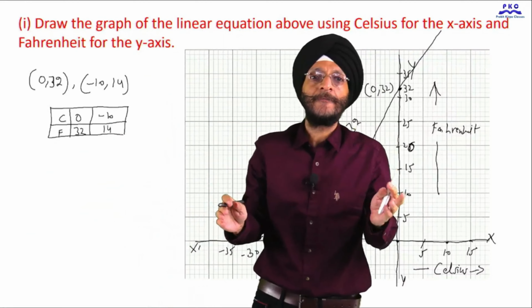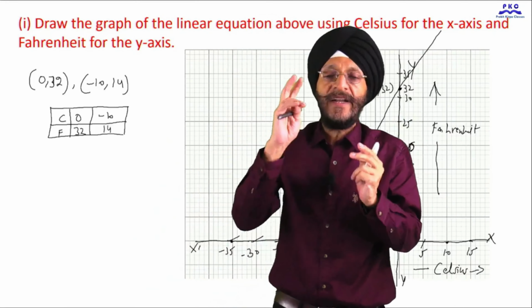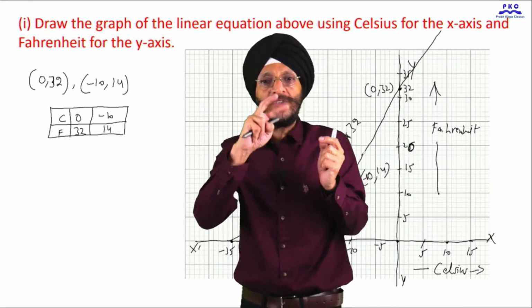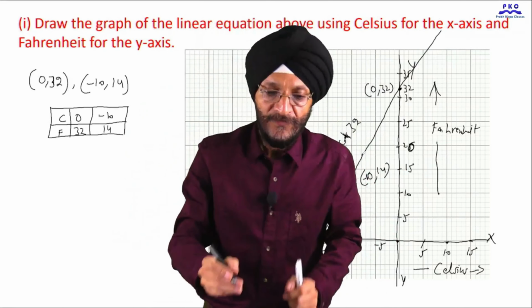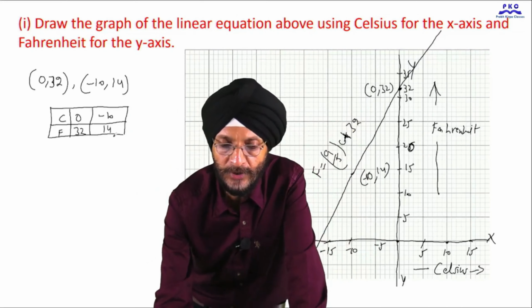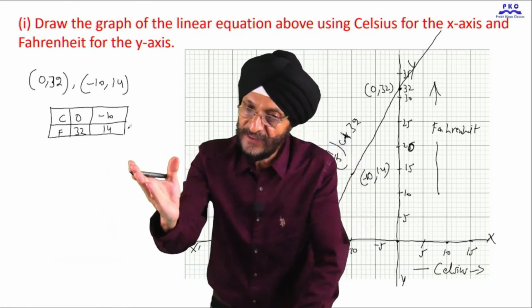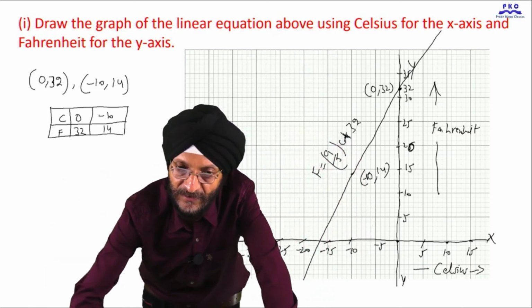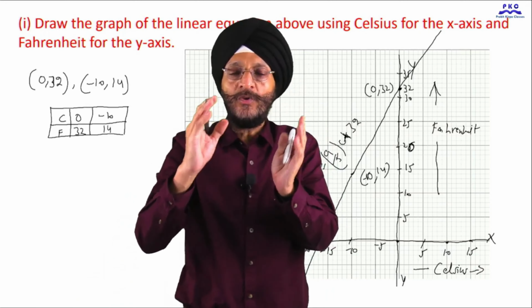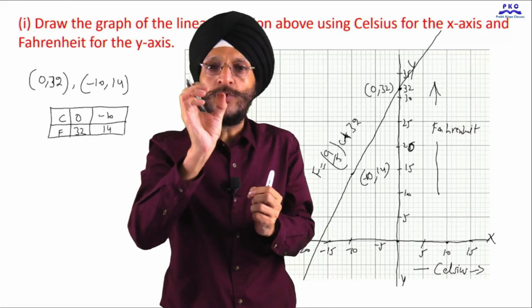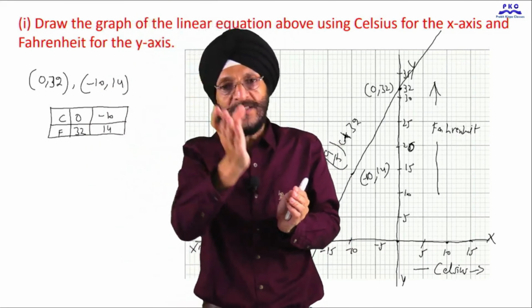We may add that to form the graph in such cases, at least 2 points or at least 2 solutions have to be found out. You can find more than that. That is, in the place of these 2 solutions, you can also go in for a third solution. In that case also, this line will be a straight line, because the word linear refers to the point that the equation when drawn on the graph forms a straight line.